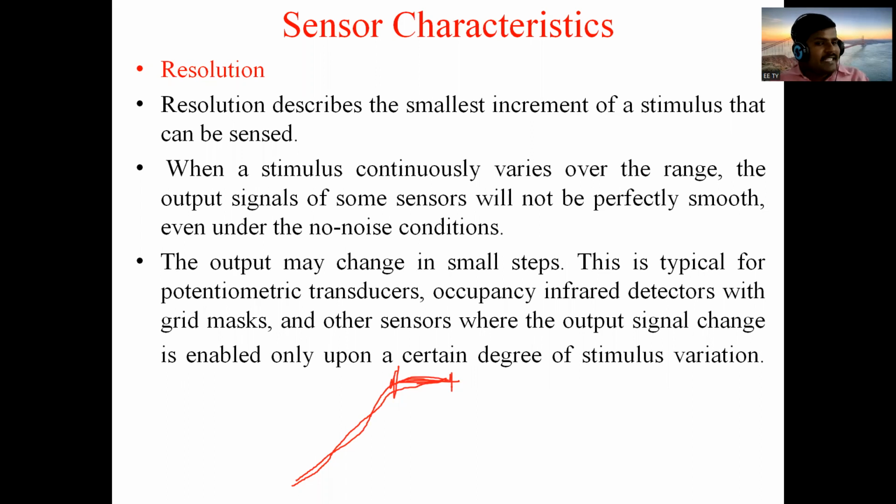When a stimulus continuously varies over the range, the output signal of some sensors will not be perfectly smooth, right?